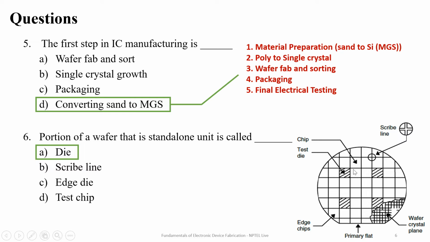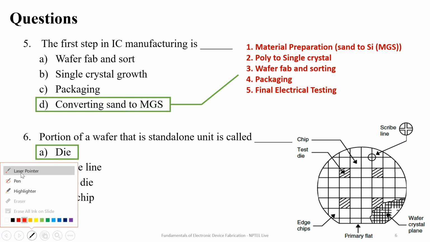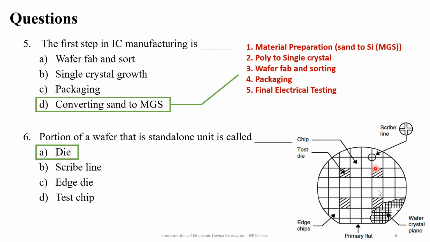In between, we will have small regions called test die. They are used for electrical testing to find out whether the wafer is working or not. To separate the different dies, we will have scribe lines. These are the scribe lines that you can see on a particular wafer. These scribe lines can be blank, with no functionality, or they might have special patterns on them required for testing.